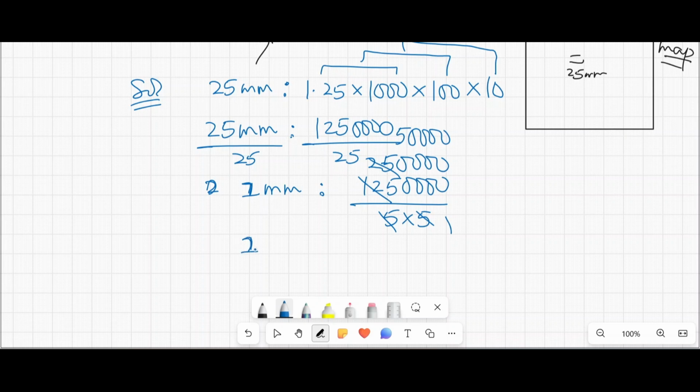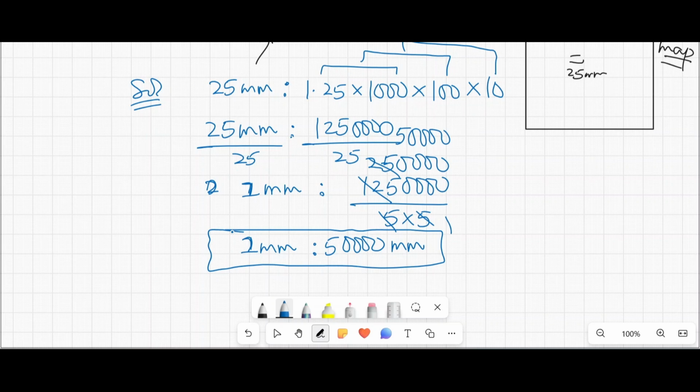So now what will it become? It becomes 1 millimeter ratio 50,000 millimeters. So I think this is simple, but you have to do some practice.